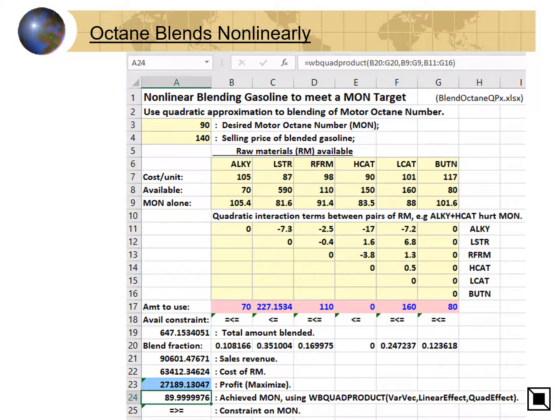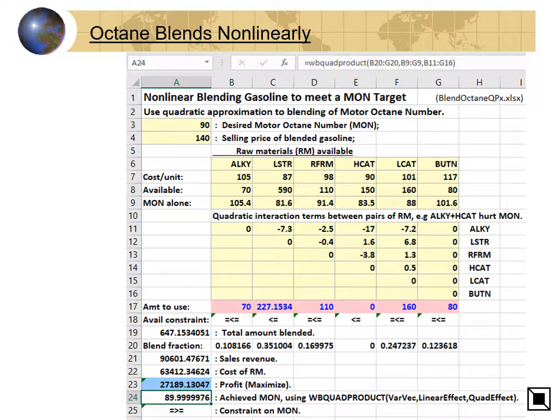For our second example of using a quadratic function in a model, we'll look at a very simple, perhaps oversimplified, blending model. It turns out when you blend certain ingredients to produce gasoline, they do not blend linearly. So let's look at a situation where we have half a dozen different materials that we might blend into gasoline.